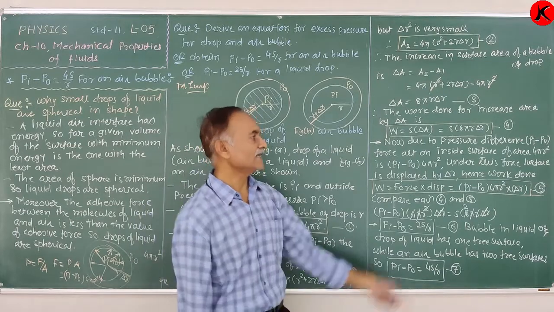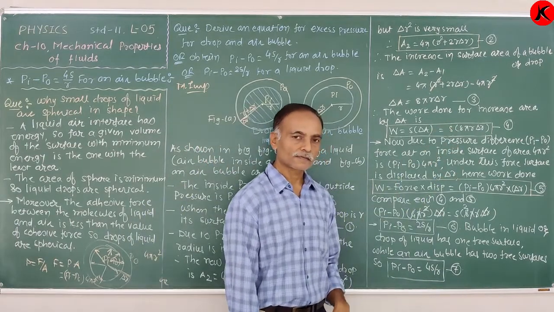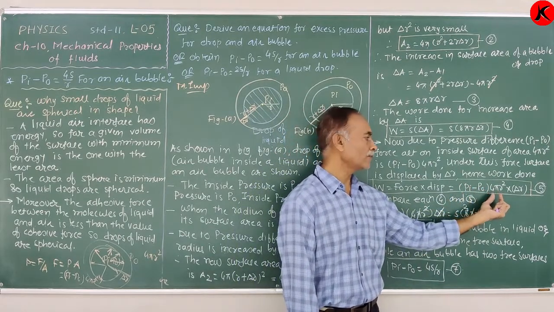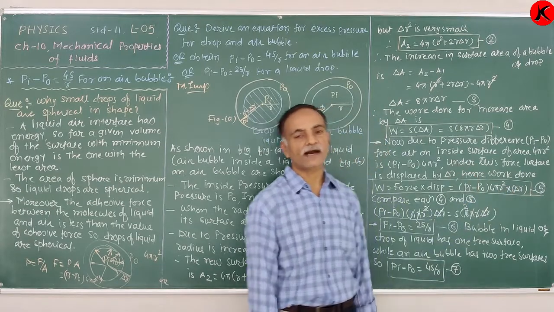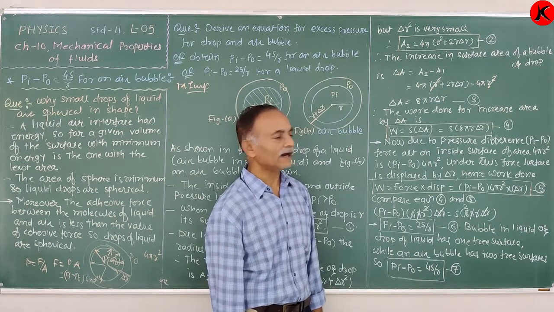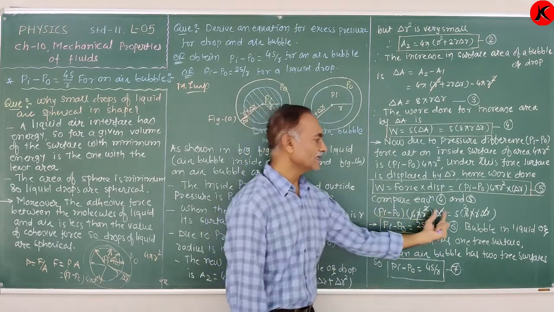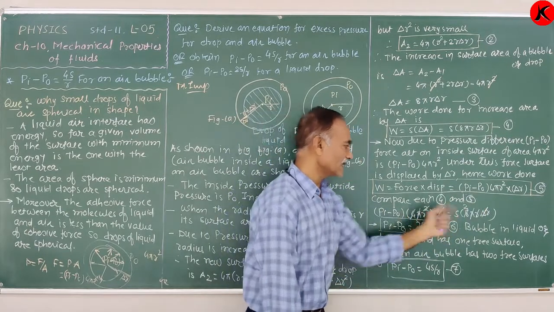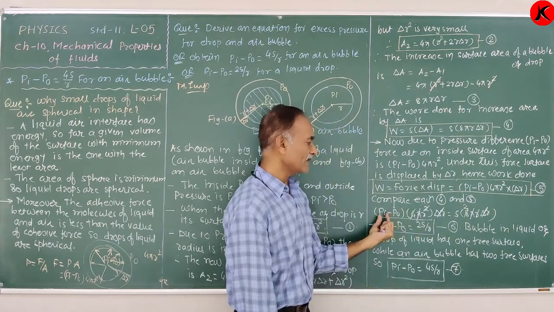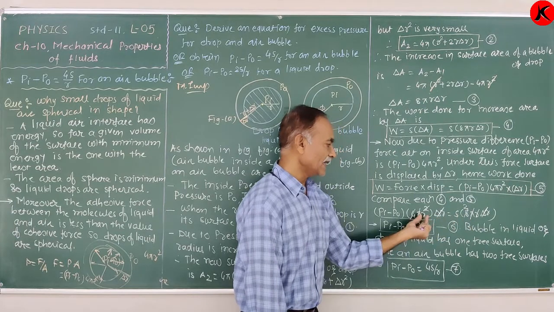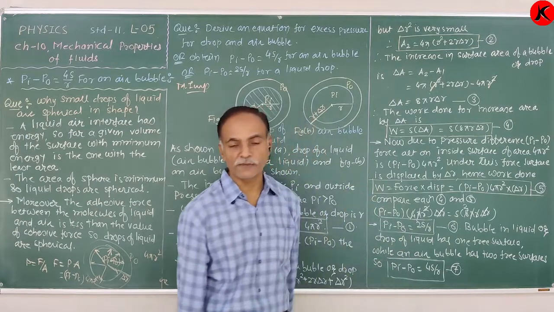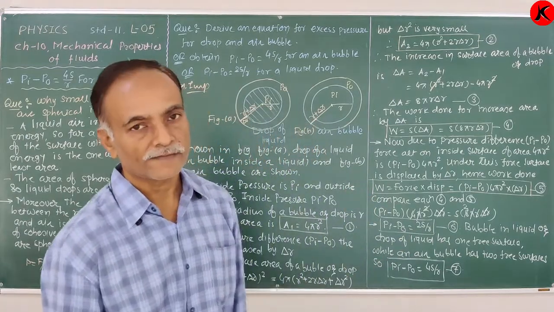Delta r cancels, pi cancels, here 4, here 8, therefore 2. Therefore, Pi minus Po is equal to 2S, and r remaining on the left hand side is taken to the right hand side. Therefore, Pi minus Po is equal to 2S upon r.